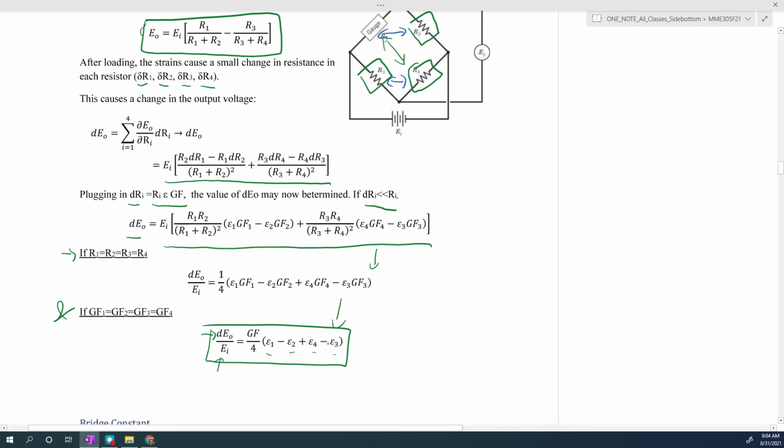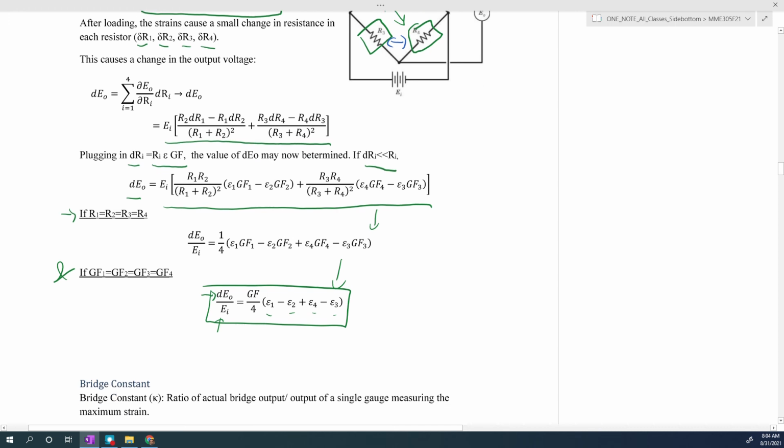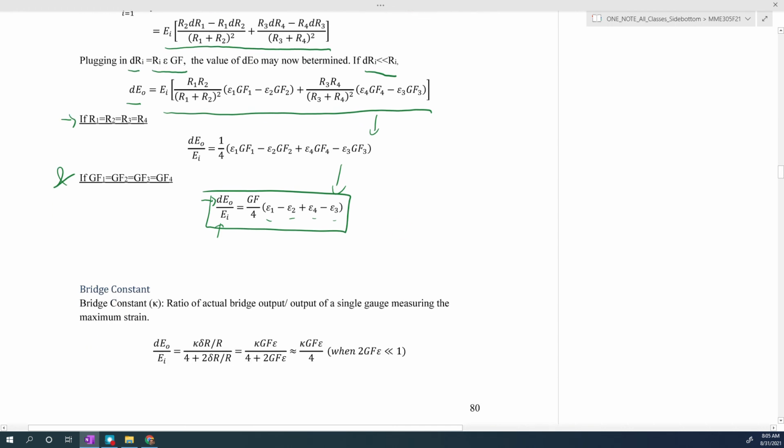The last thing we're going to talk about in this video is something called the bridge constant, which we denote with the Greek letter kappa. This is the ratio of the actual bridge output compared to the output of a single Wheatstone bridge with only a single gauge that would be outputting the maximum strain.